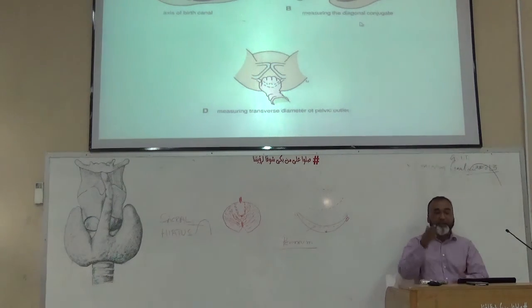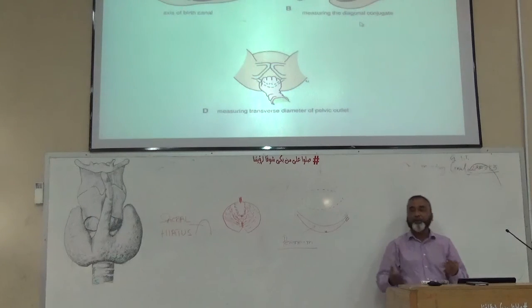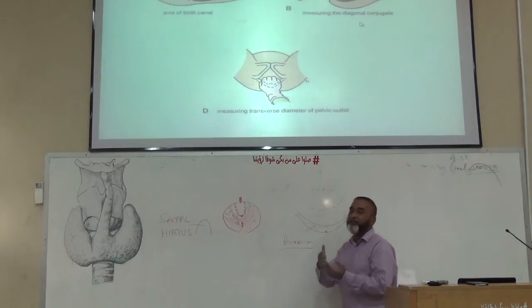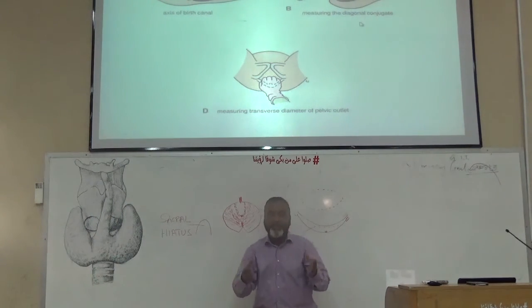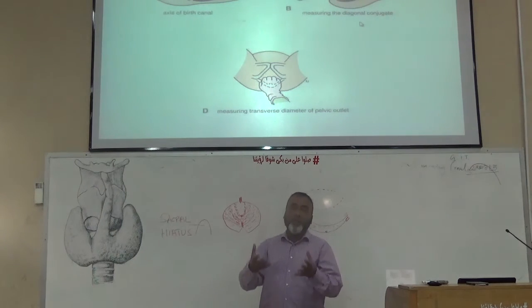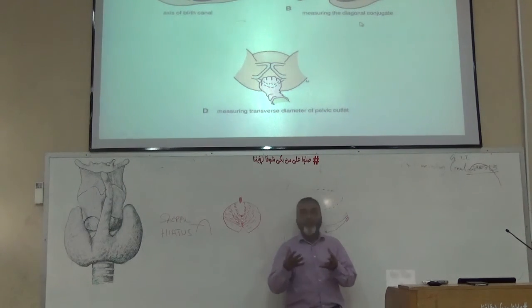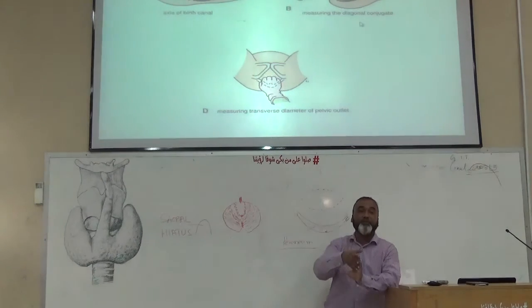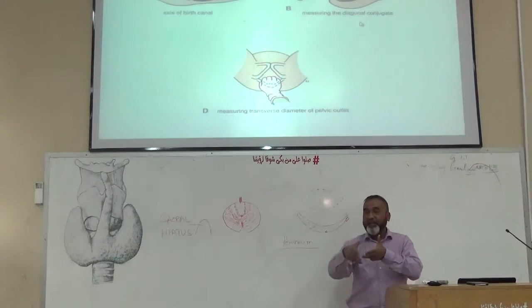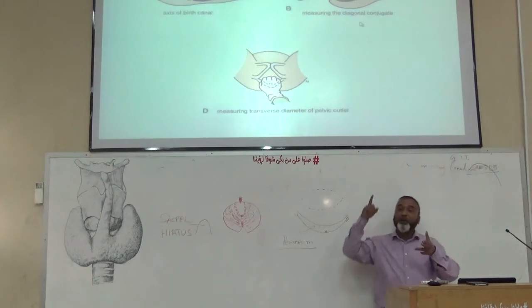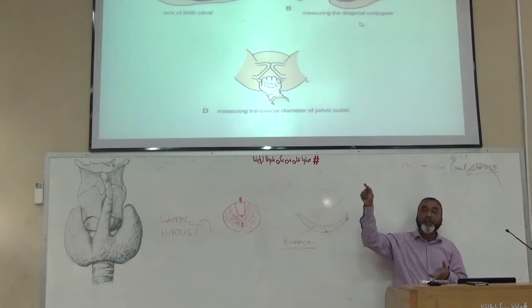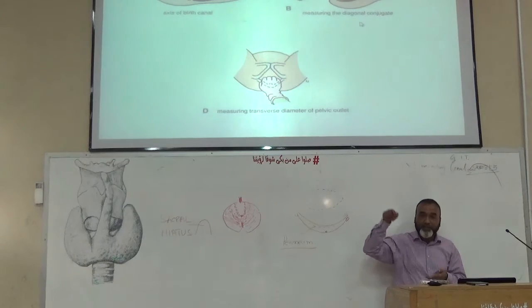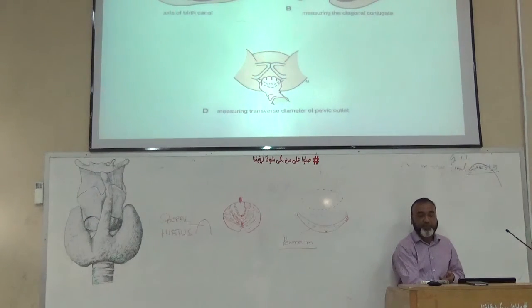Now there is the measurement which the gynecologists usually do, the measurement of the pelvic cavity in the early or the middle months of the pregnancy, when they think that the baby cannot pass through the birth canal. So they measure from the lower margin of the pubic arch posteriorly to the sacral promontory.